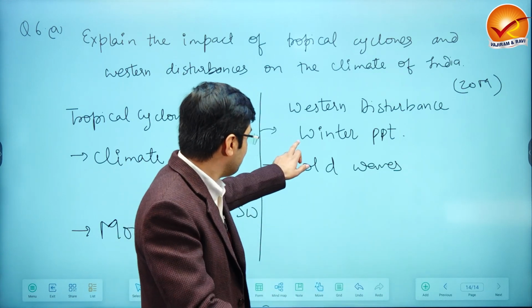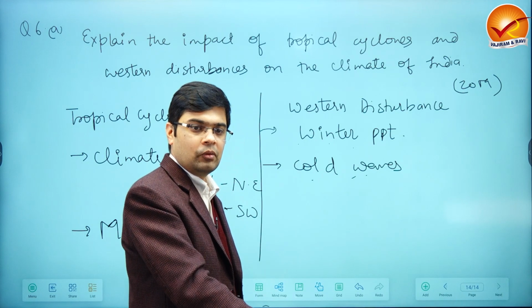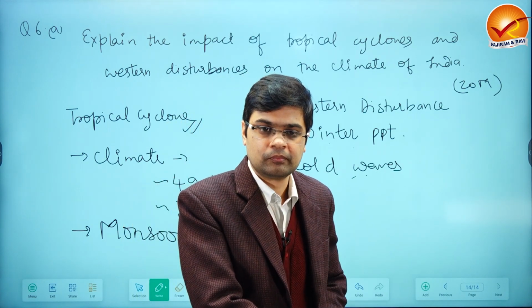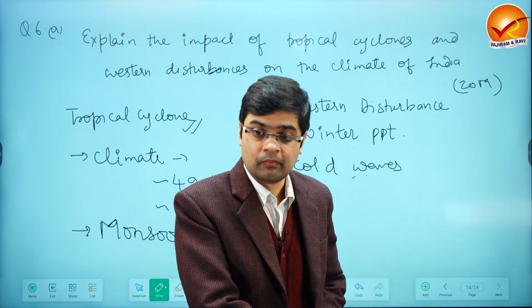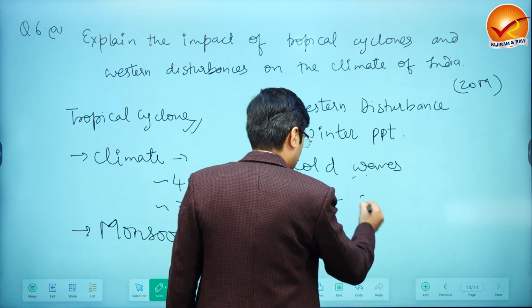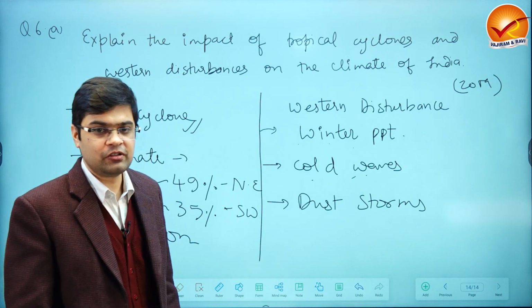So one is winter precipitation, second is cold wave. What else? Very good, Chandrika. Dust storms. In 2018, there was a question on dust storms.